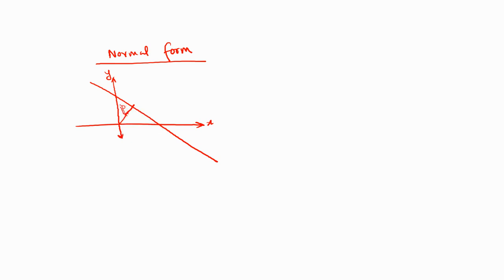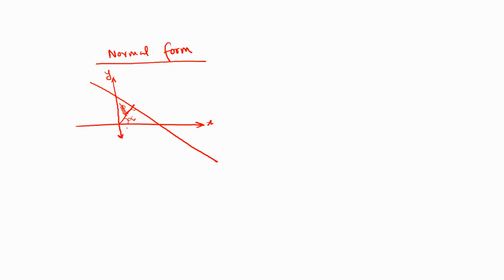Shortest distance means this is perpendicular to the straight line, and it is making an angle alpha here. So if you know that the shortest distance from the origin to the straight line is p and it is making an angle alpha, then what will be the equation of this straight line?